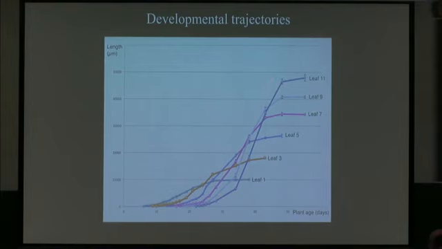So for instance, if we look at the first leaf, it grows in size and then saturates at some point, at say 38 days, and same for the other leaves. So there is, on average, a mapping between the length of the leaf and the plant age. So we use length as a proxy of age.